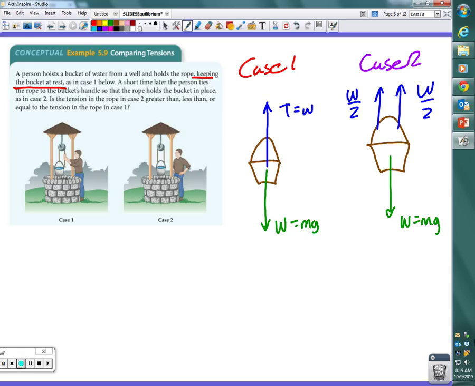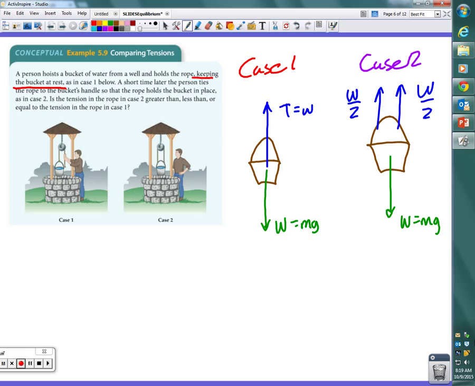Adding more ropes doesn't necessarily add more force in the upward direction. It dilutes that force among the 3 ropes or the 4 ropes, because in the end, the total in the upward direction has to be 0. The total in the upward direction has to be the same as the gravity pulling in the downward direction, right?